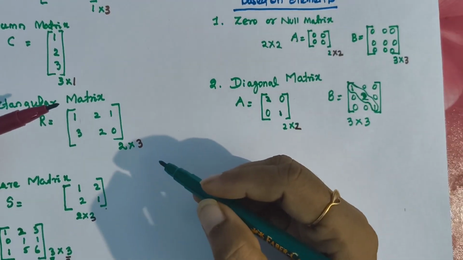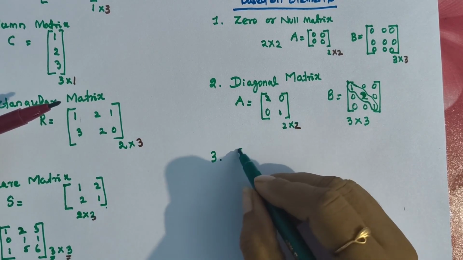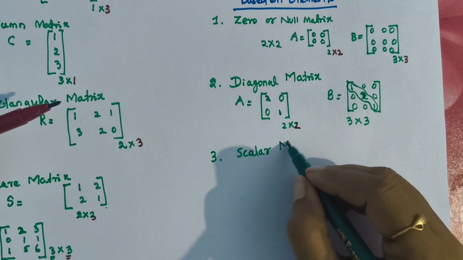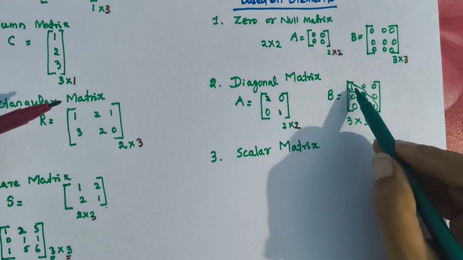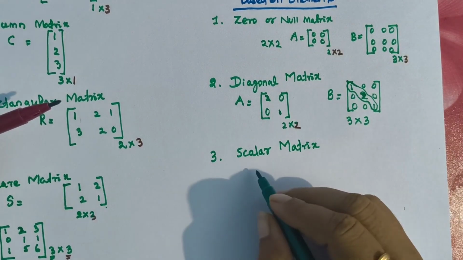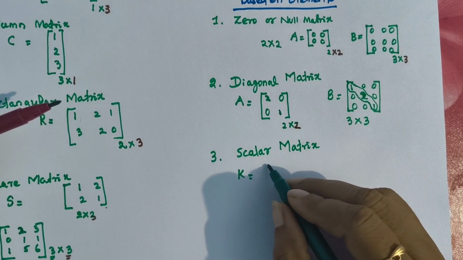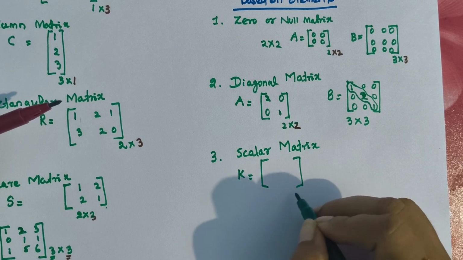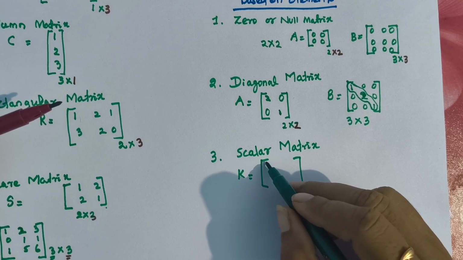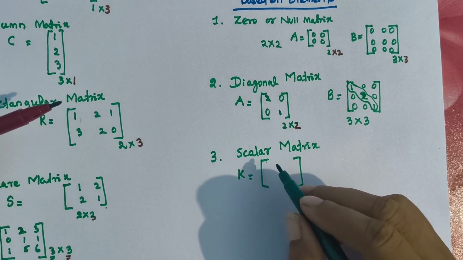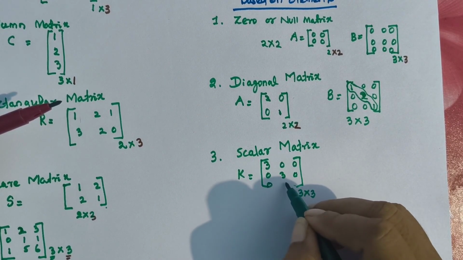Next is the scalar matrix. A scalar matrix is also a diagonal matrix. The only difference is that the main diagonal elements will be the same. Let's suppose K is a scalar matrix of order 3 by 3. The main diagonal elements will be the same, so here 3, 0, 0, 0, 3, 0, 0, 0, 3.